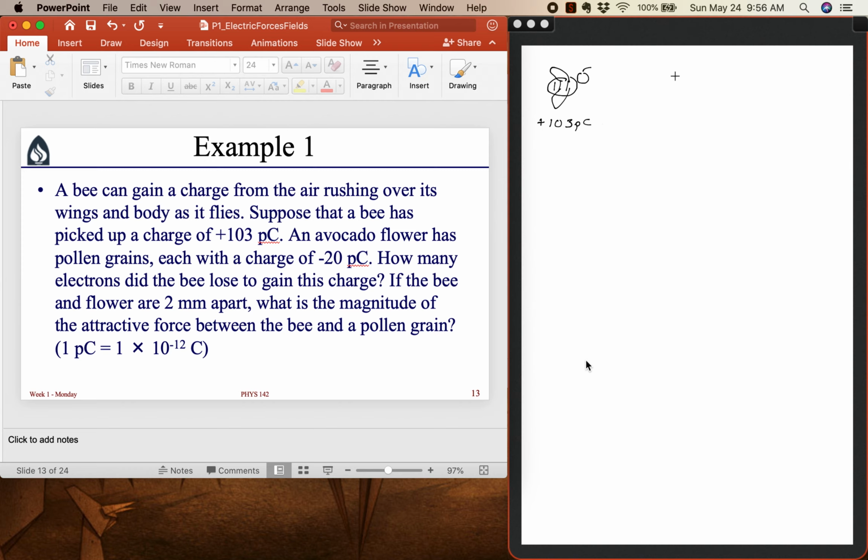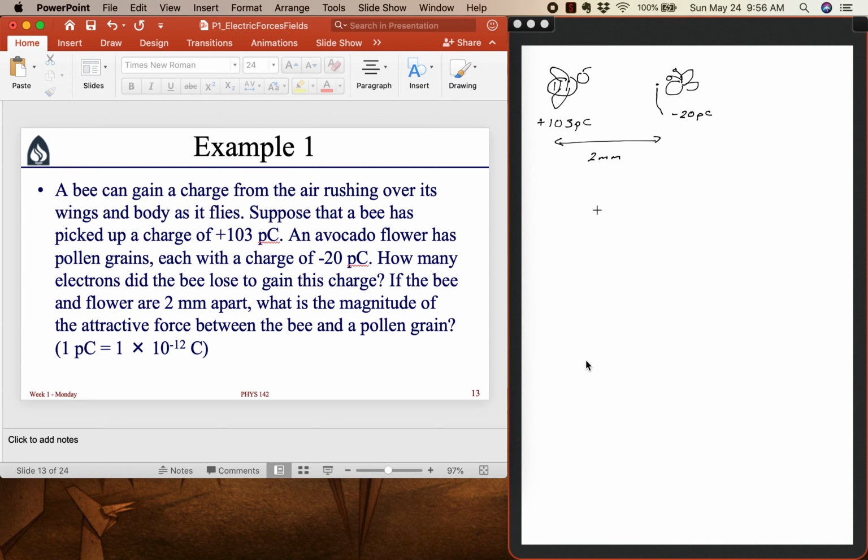And then we have a flower, and the flower has some pollen grains, and here's a single pollen grain, and the pollen grain has a charge of negative 20 picocoulombs. And in addition, we know that the bee and the pollen are a distance of 2 millimeters apart from each other.